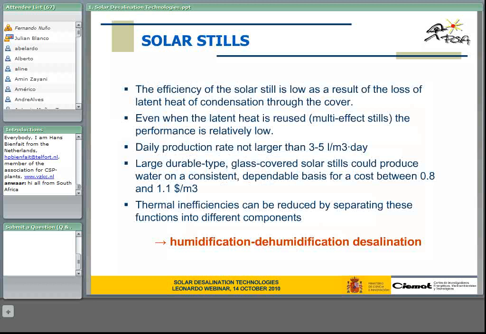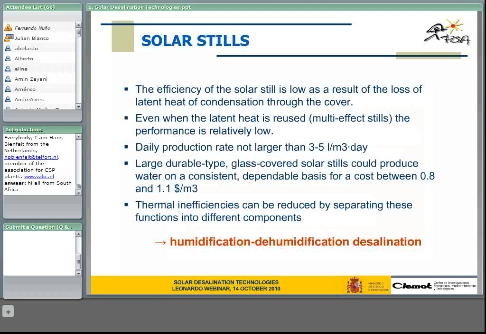So the daily production is not bigger than 3 to 5 liters per square meter a day. The cost in the literature is said to be in the range of 0.8 to a little more than $1 per cubic meter, but this is a highly inefficient system from the thermal point of view.